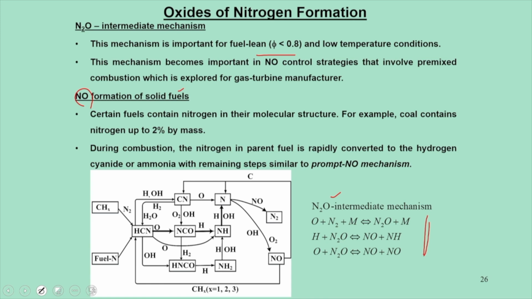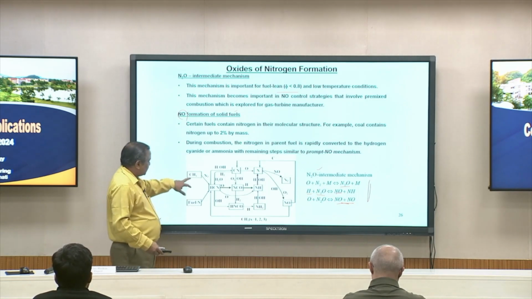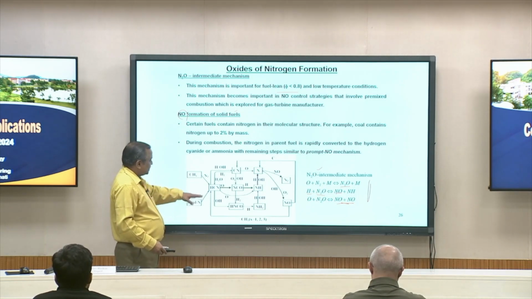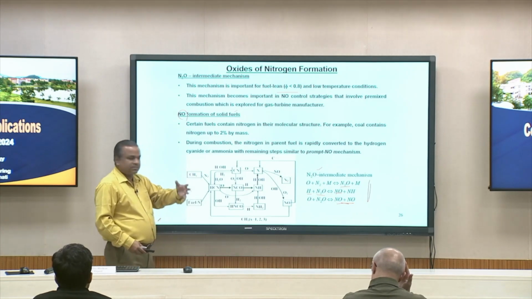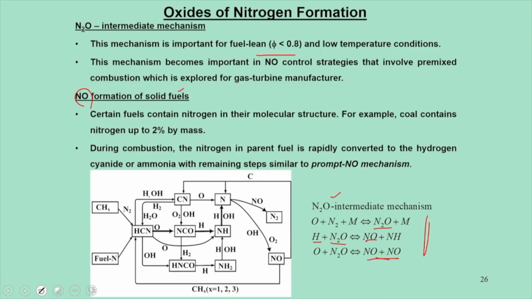So O and N2 give N2O. N2O, when it sees hydrogen from the fuel, gives NO. In the chemical form they have standardized a particular route in which we start from a hydrocarbon fuel, and when it experiences nitrogen from air, these are the possible routes for formation of various atoms and radicals.